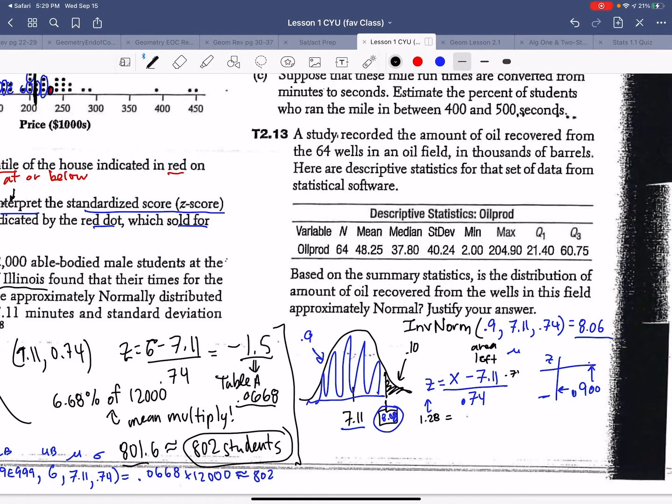So if I multiply 0.74 on both sides, I get 0.74 times 1.28, and those cancel. So on this side, I'm going to add.